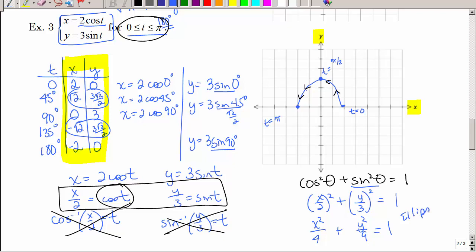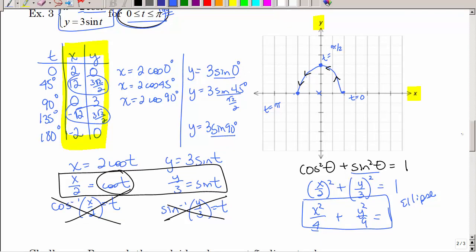That is an ellipse with the center at (0, 0). You would go out 2 on the x-axis and 3 on the y-axis. So because of the parameter, I only get half the ellipse rotating in a counterclockwise direction. And that's the equation that eliminates the parameter.